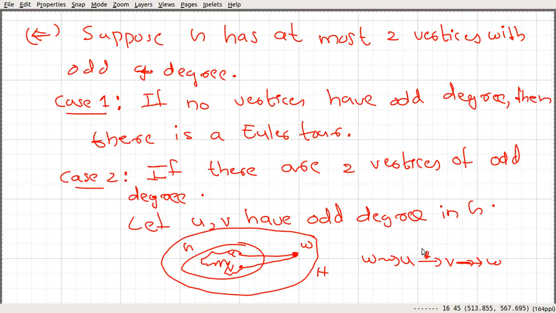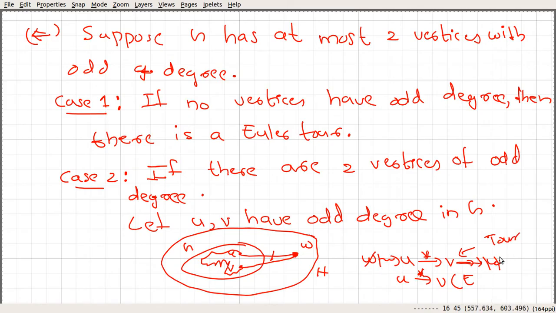an Euler trail in the original graph G, what we do is take this tour and remove this W and this edge here, and this W and this edge. So what is left is something like U to V of some length, and this corresponds to an Euler trail.